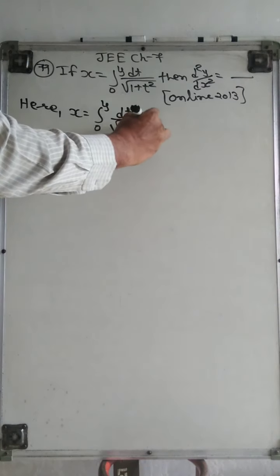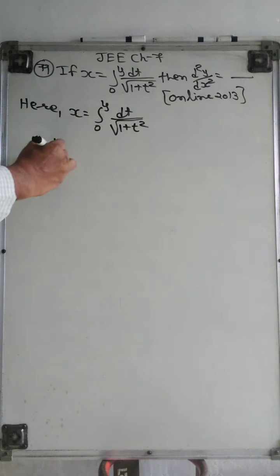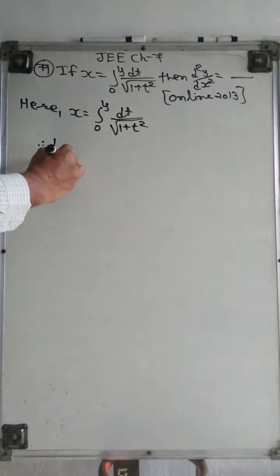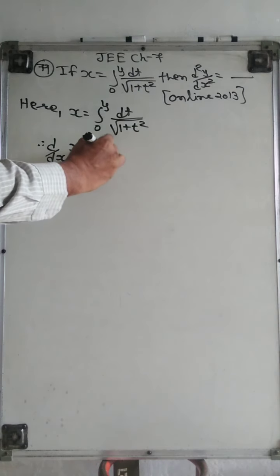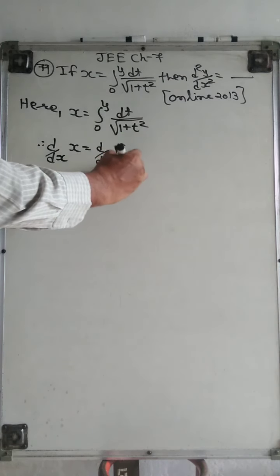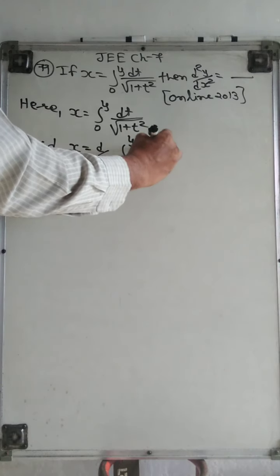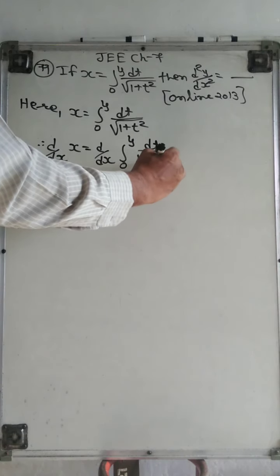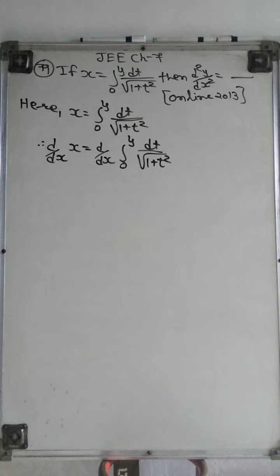1 plus t square. Therefore, d upon dx of x is equal to d upon dx of the integration from 0 to y of dt upon root 1 plus t square. Now there is one rule which is useful.